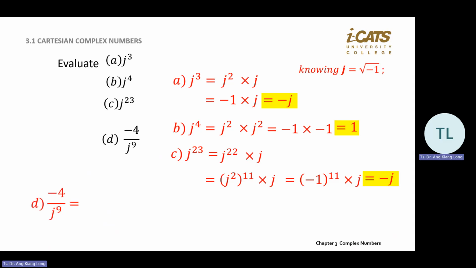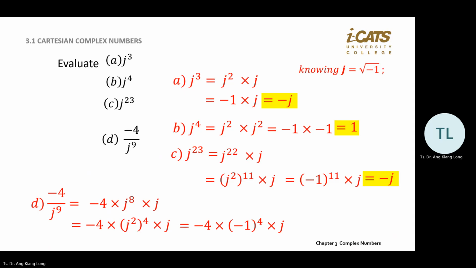So minus 4 divided by j. I think something is wrong with my answer. Okay, this is the wrong answer. So basically, it should be j to the minus 8, because it is 1 over j to the 9.